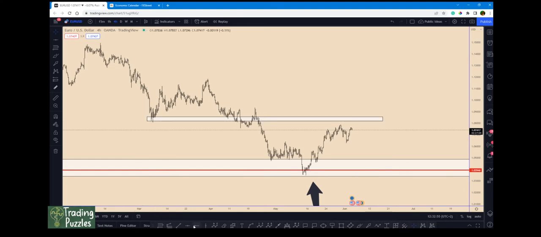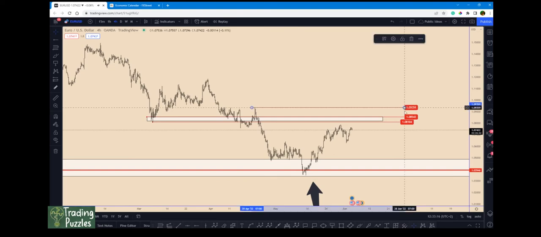I'm going to place this line. Let's make it in this way, better. And we have also the top of the structure that is stretched at this moment here.